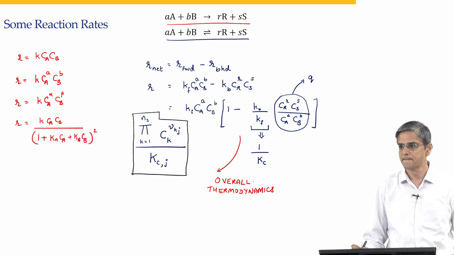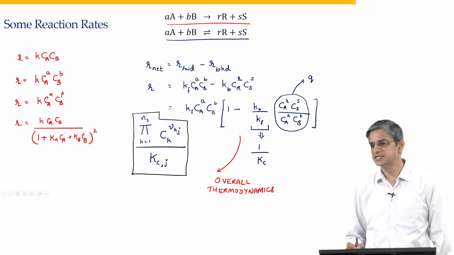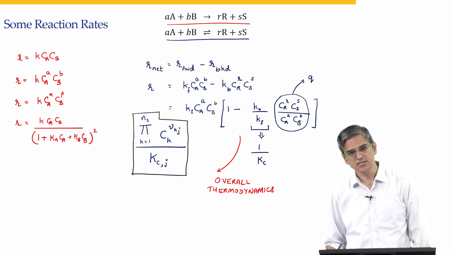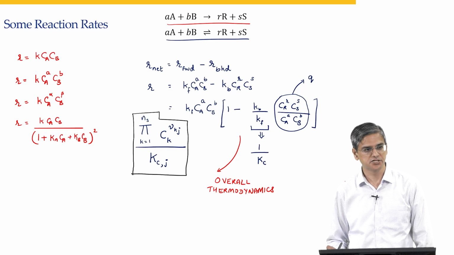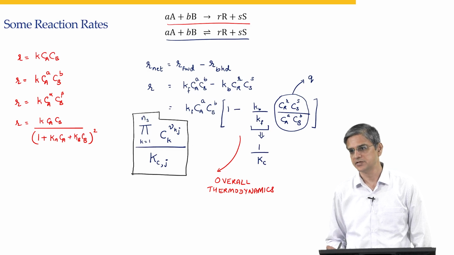And this K equilibrium, not Kc, but K equilibrium, is related to the free energy of reaction, delta G of reaction.